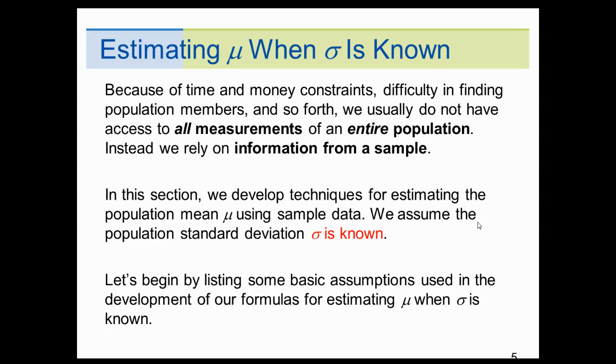We assume the population standard deviation sigma is known. Well, that's a little iffy. So you're telling me here, I don't know the mean of the population, but I somehow know the standard deviation. Well, to find the standard deviation, you'd have to know the mean. So what's happening here, he's easing us into this.